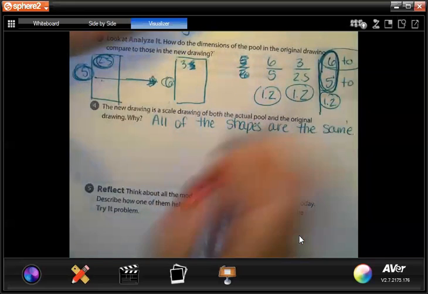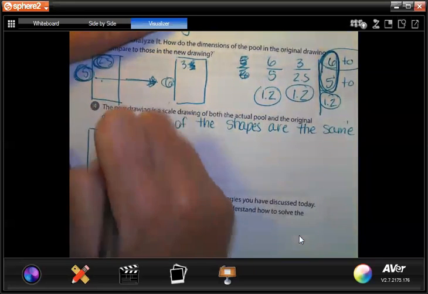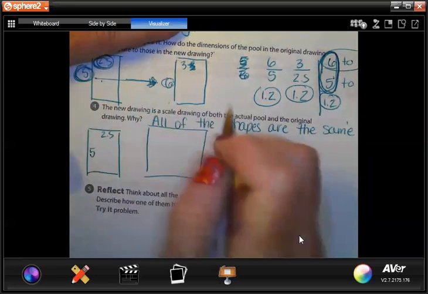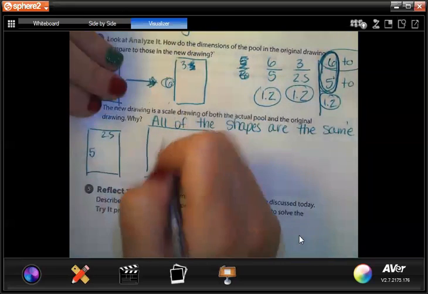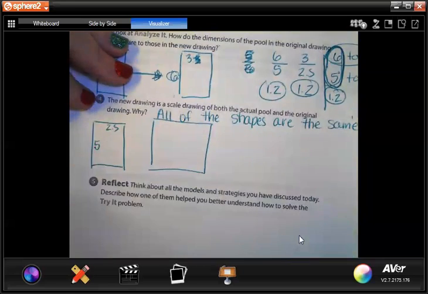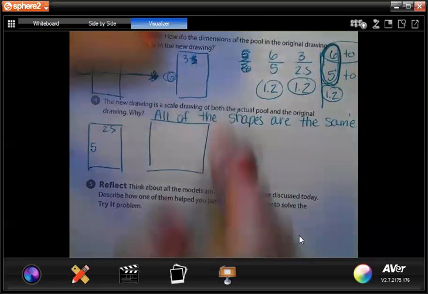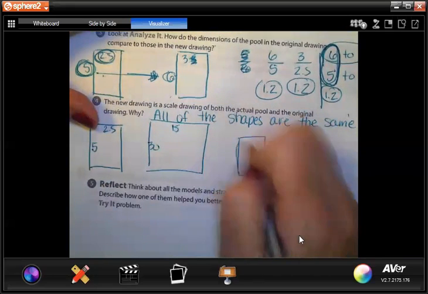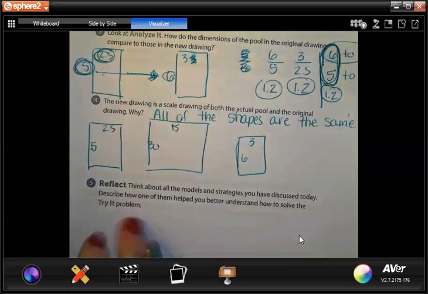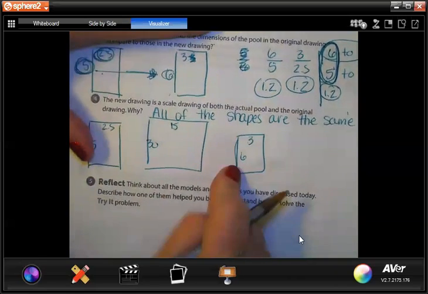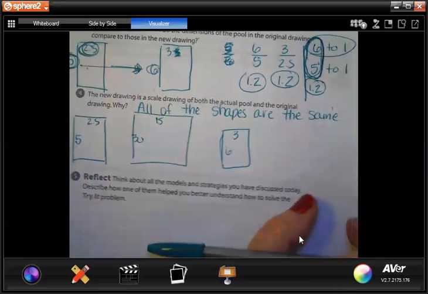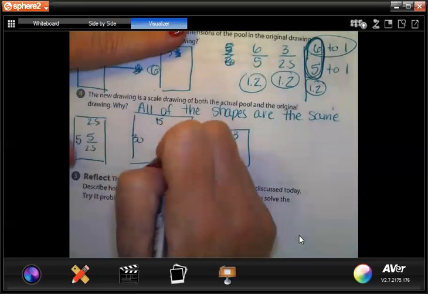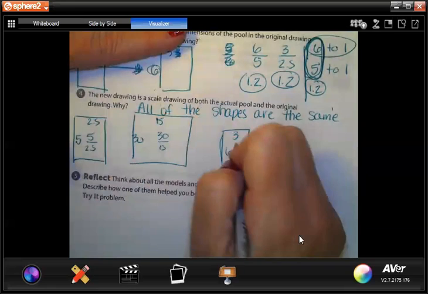The original was 5 by 2.5, then we converted it to 15 by 30, and the last one we had was 6 by 3. Don't mind that these are not in correct order, just bear with me. All of these are equivalent. If I go length by width, 5 to 2.5, that's half, or 2. 30 divided by 15 is 2, and 6 divided by 3 is 2.